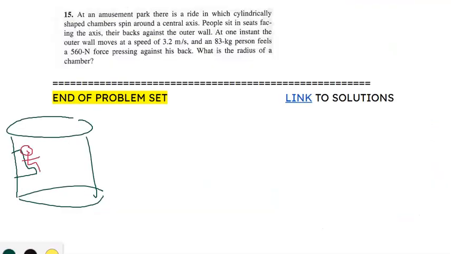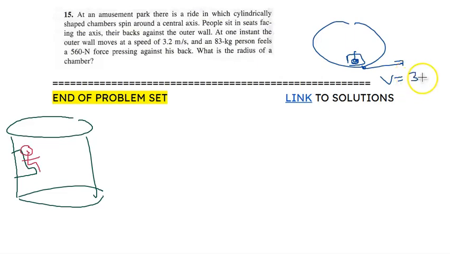Okay, so this is the last question, and this will help us start thinking about the video lab we're going to do later on this week. So you're in an amusement park, and there is a cylindrically shaped chamber, and they're sitting on chairs. At one instance, the outer wall moves at a speed of 3.2 meters per second. That's a little bit confusing, I think, but what that means is the person, bird's eye view, is sitting here, and that wall, if you had a speedometer on that wall, is moving 3.2.